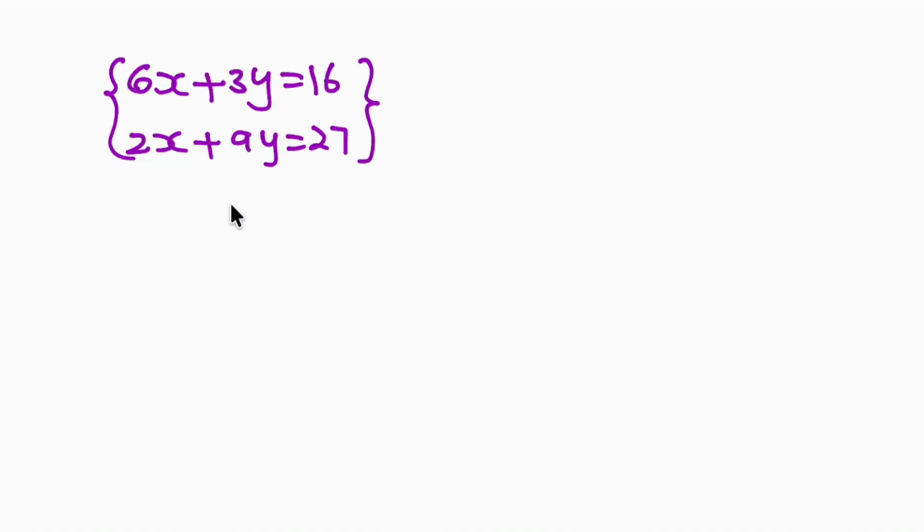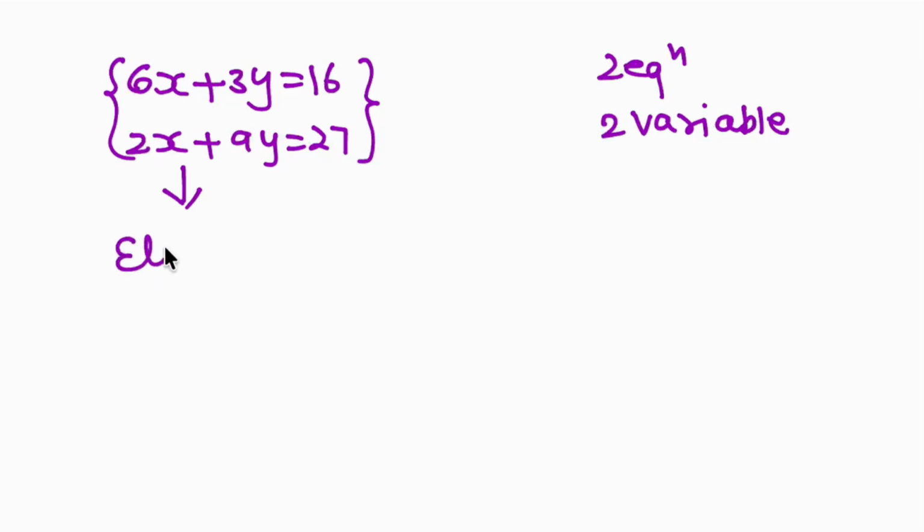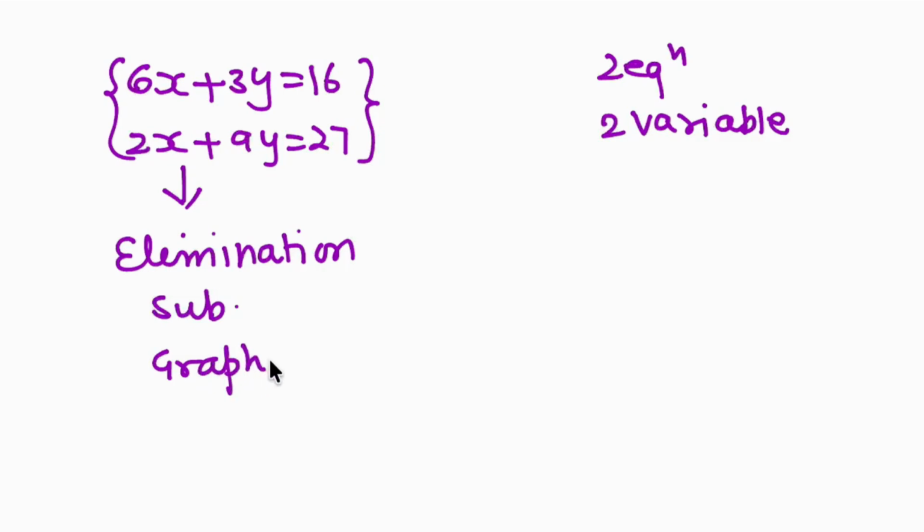So you cannot solve them one equation independently. So whenever an equation has two variables, we need two equations to solve them. So now this system can be solved either by elimination method or substitution method or graphical method, right?